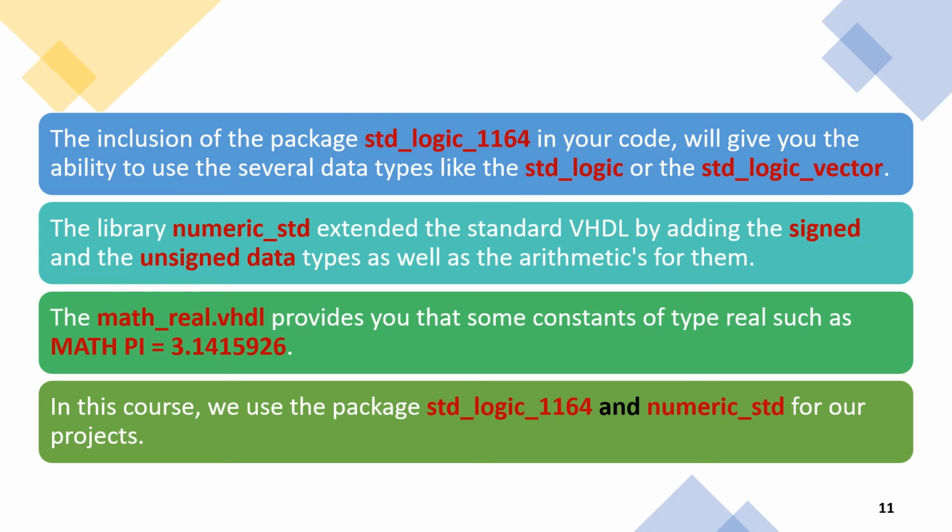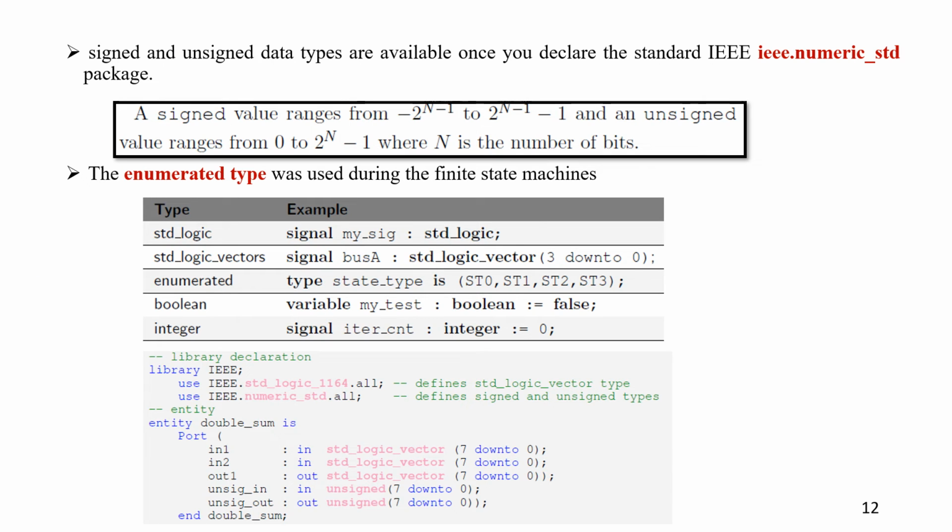In this course, we use the package STD Logic 1164 and numeric STD for our project. Signed and unsigned data types are available in the IEEE numeric STD package. A signed value ranges from negative 2 power n minus 1 to 2 power n minus 1 minus 1, and an unsigned value ranges from 0 to 2 power n minus 1, where n is the number of bits.